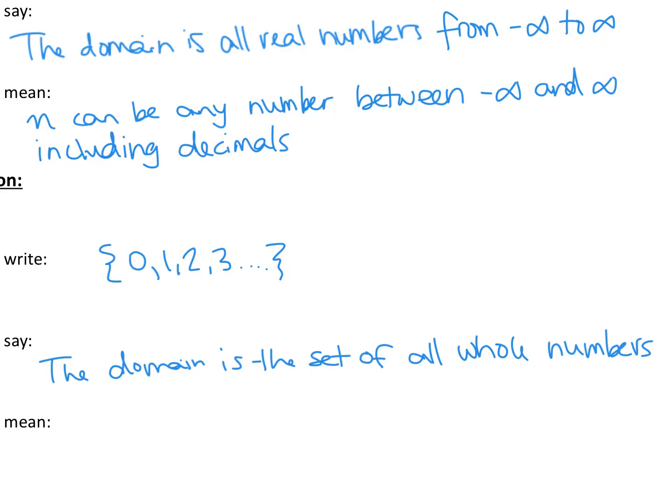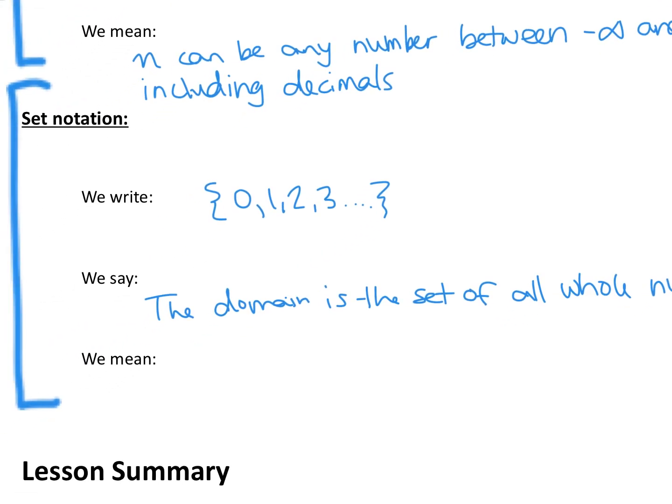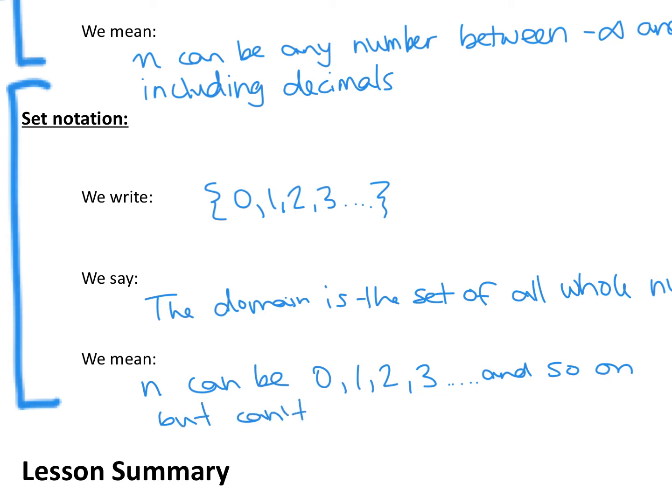Okay, and what does that mean? That means that n can be 0, 1, 2, 3, and so on, but can't be any decimals in between. Can't be decimals. Okay.